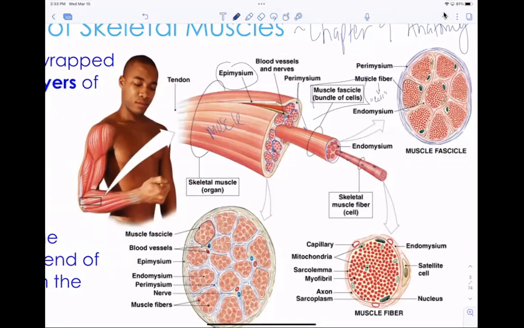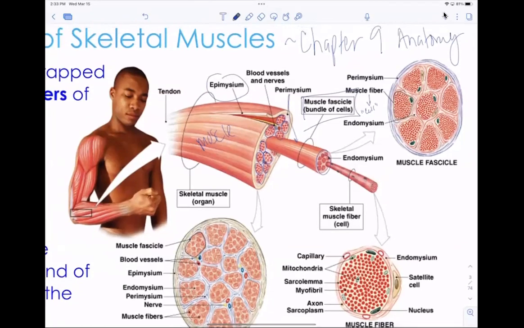Within this muscle fascicle, you're going to see a number of muscle fibers. This is a muscle fiber, that's a muscle fiber, and so on. Each muscle fiber has its own connective sheet surrounding it called an endomysium.